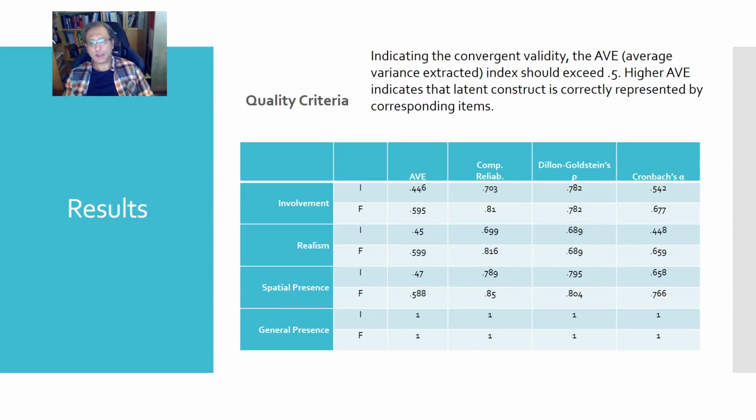But with the final version, we achieved the convergent validity thresholds too. Also, removing the items increased the reliability of the scale: composite reliability, Dillon-Goldstein's rule, and even Cronbach's alpha increased, indicating that our scale is a reliable measurement tool.